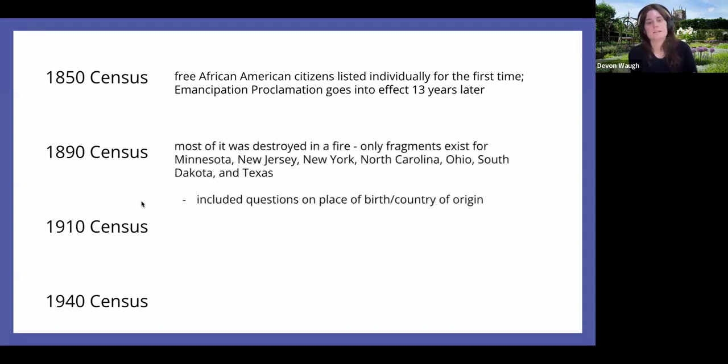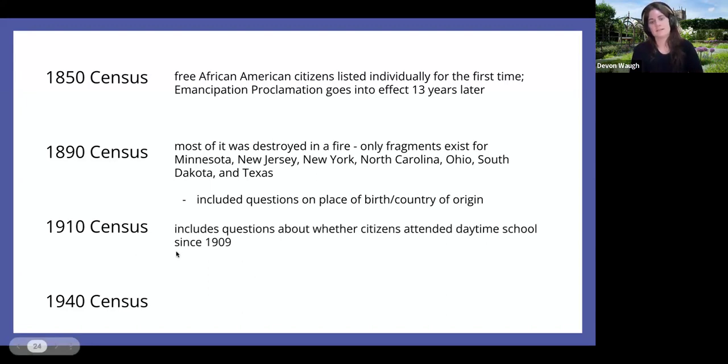The 1890 census, most of it was destroyed in a fire, so only fragments exist for North Carolina. This is so frustrating for genealogy research for North Carolinians, but you have to kind of take this leap from 1900 to 1880, and that can be kind of difficult to figure out what happens in those 20 years.